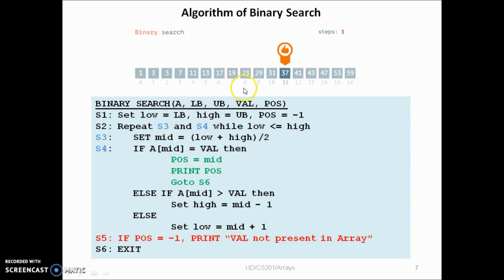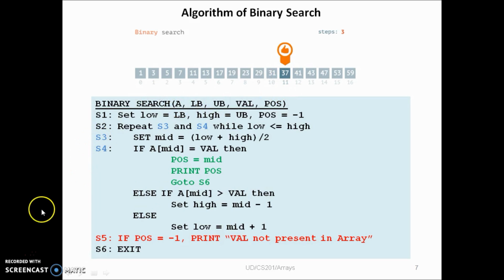Refer to this animation where you can see that there are 17 elements in total for this array. So first it finds the mid element. It didn't match, so now the check will be in the right half. And in that way, it is progressively finding the mid position and trying to match.